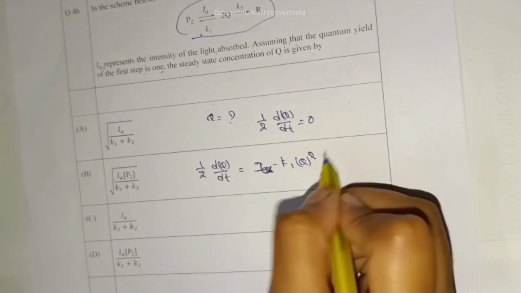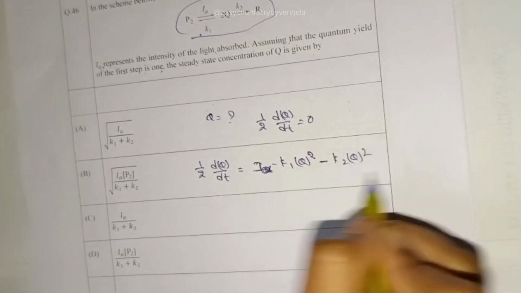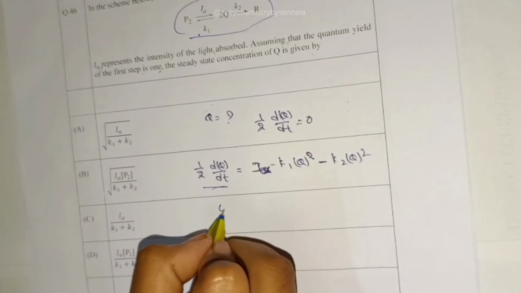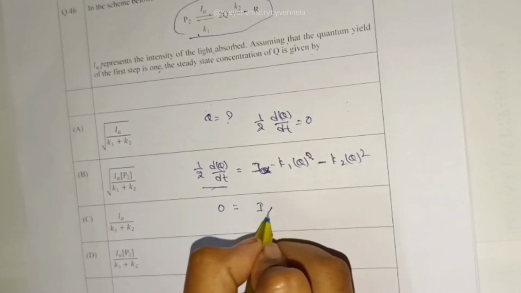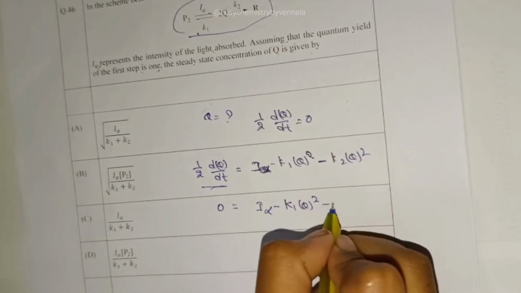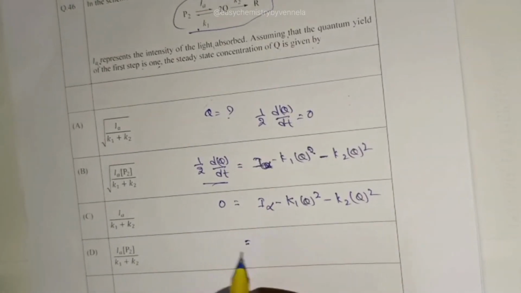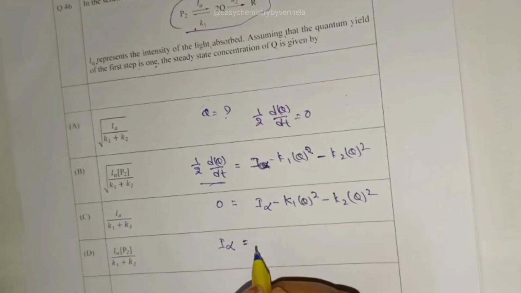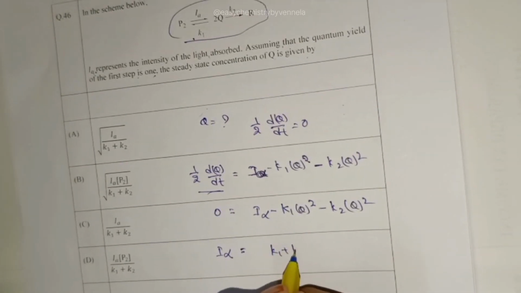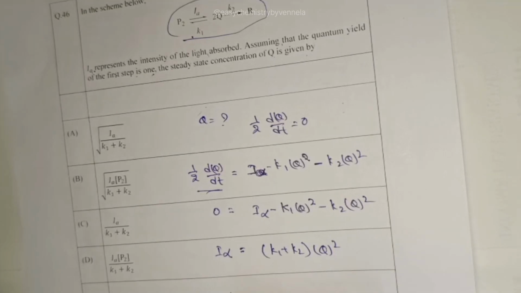I alpha minus K2 Q square. Here this is 0. That is equal to I alpha minus K1 Q square minus K2 Q square. Next, I alpha is equal to K1 plus K2 Q square taken as a common.